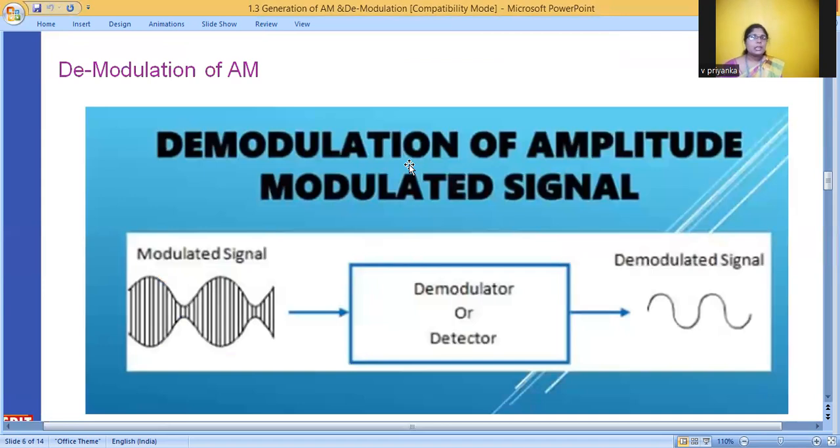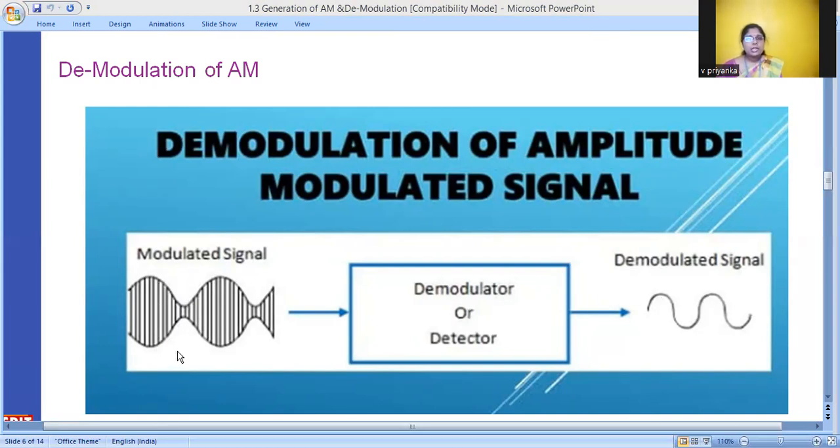Coming to the next, demodulation of amplitude modulation. Demodulation is the quite opposite process of modulation. In demodulation of amplitude modulation, we give the modulated signal, which is represented as the amplitude modulated signal. The output of the amplitude modulated signal is given to the demodulator or detector. Then we can get the demodulated signal.